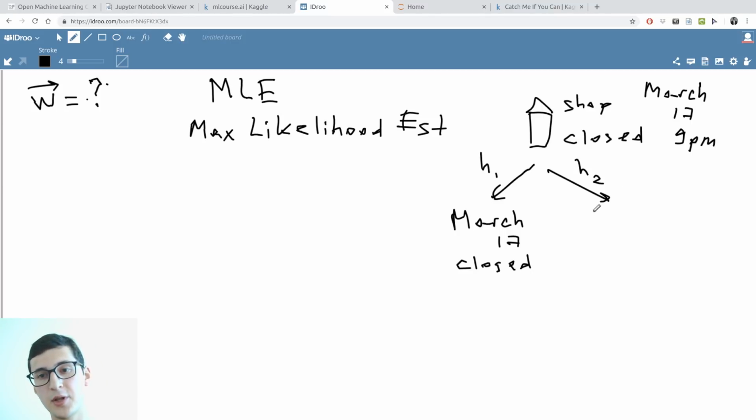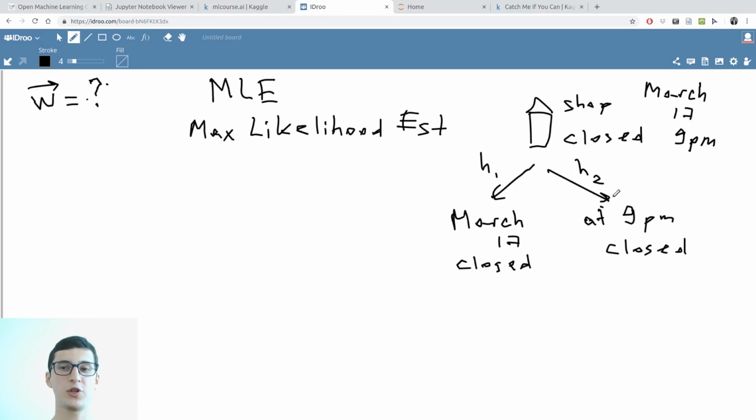Okay, and maybe hypothesis 2 is that the shop is open till 7 p.m. and so just at 9 p.m. it's closed. Okay, so this explanation is not mathematical at all, but somehow in our brain we just weigh these two hypotheses, and we would definitely stick to the second one as being more probable.